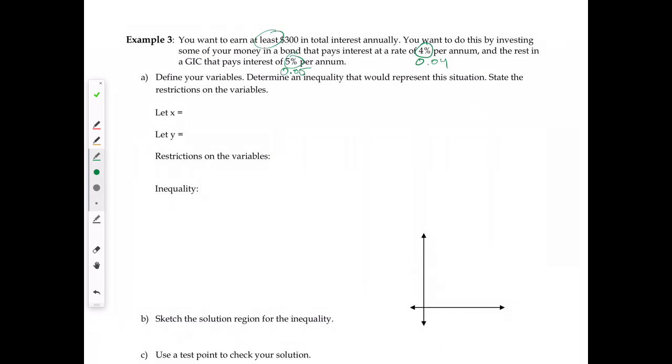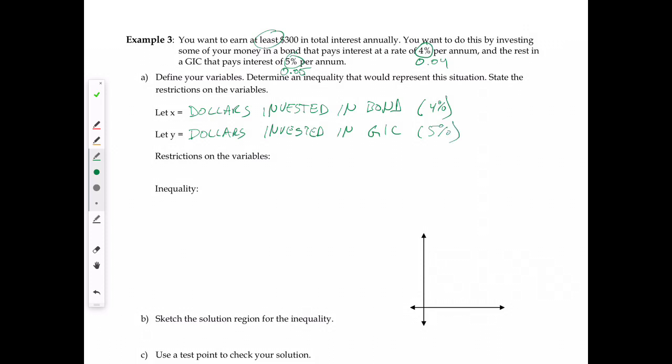Well, in this case, x is going to be the dollars invested in the bond at 4%. y is going to be the dollars invested in GIC at 5%.